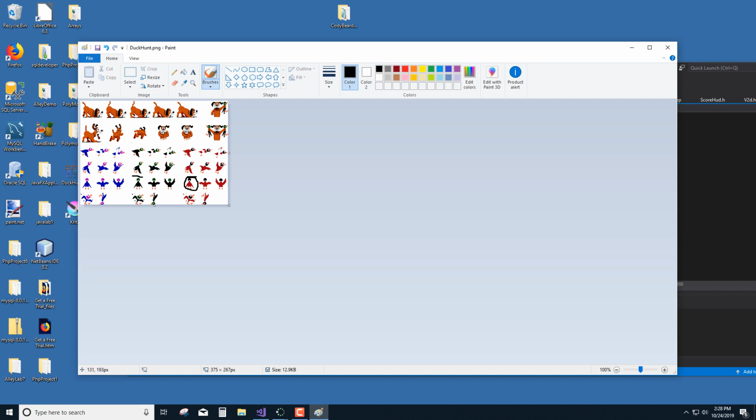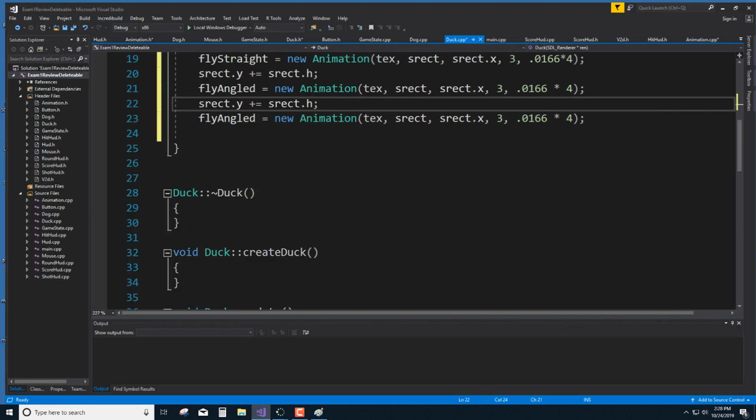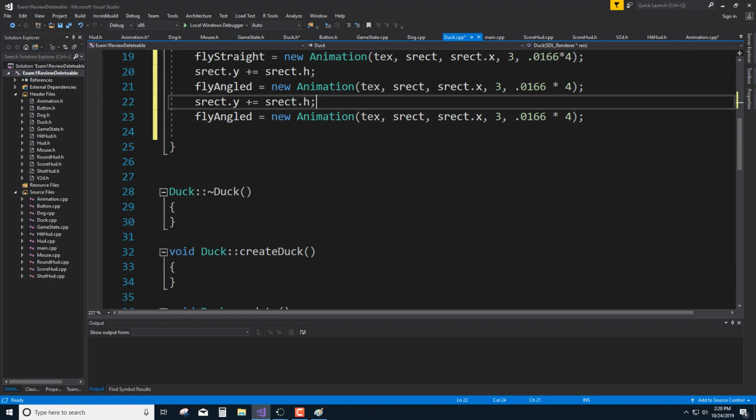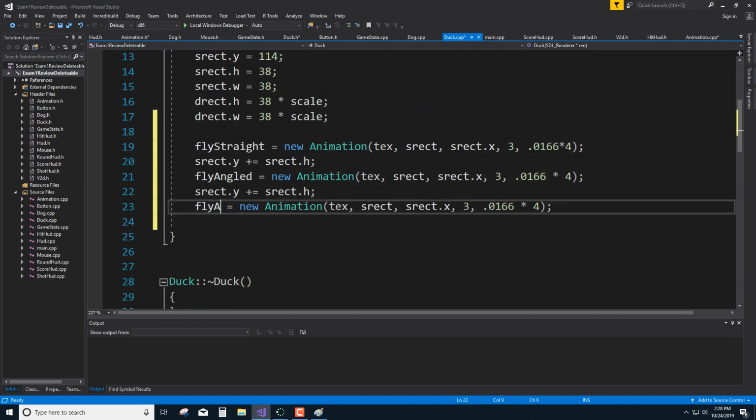Or actually, we're on the black duck, right? Yeah. So we're right here now after we've dropped down twice. The rest of that will be the same. You change it to fly away instead of fly angle.